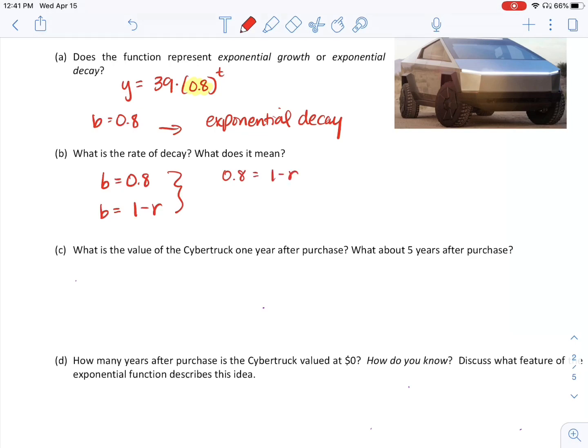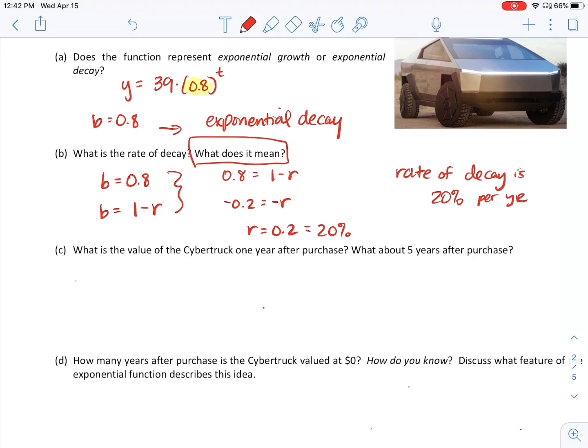Subtract 1 from both sides, and I get negative 0.2 is equal to negative r, or that r is 0.2. If I convert that into percentages, that's 20%, meaning that the rate of decay is 20% per year.